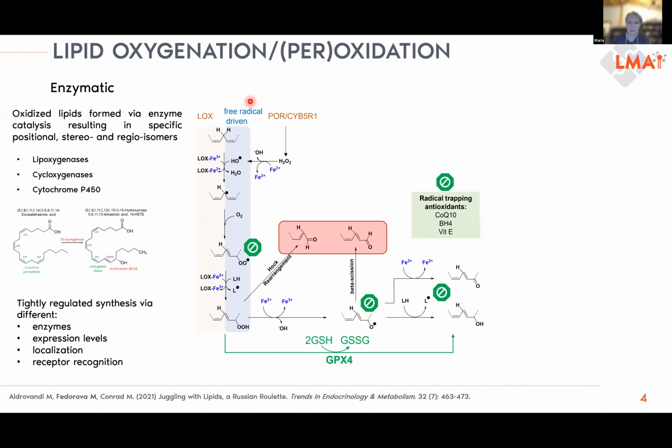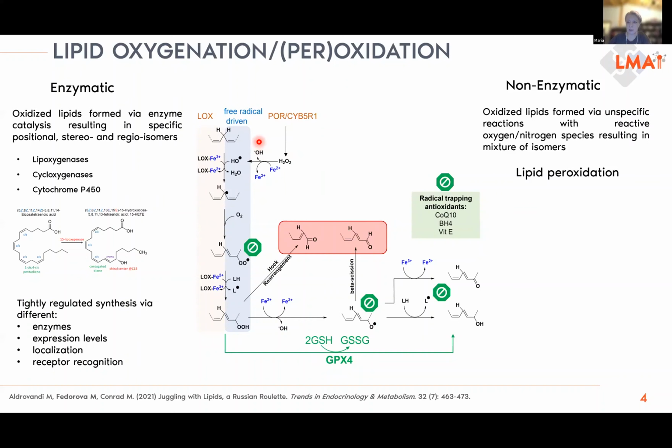But you can imagine that in cells, in physiological conditions, the amount of radicals which can induce this kind of reactions is also tightly regulated. So if we talk about non-enzymatic oxidation, those oxidized lipids can be formed in the reaction with a free radical, such as reactive oxygen species or reactive nitrogen species, and that would usually result in a mixture of isomers.